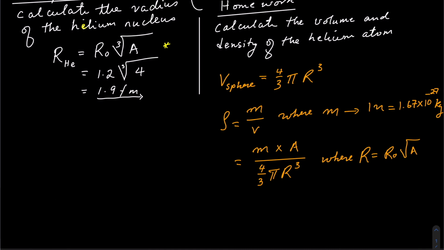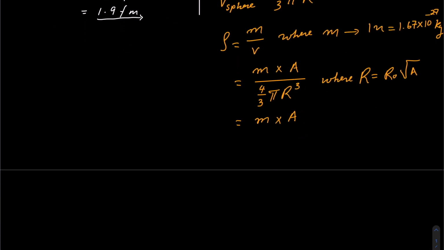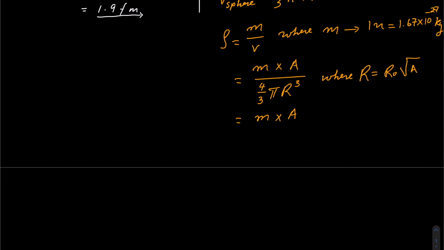So we can substitute that in this equation and we'll realize that it's basically m times A, which is the number of nuclides, divided by 4 over 3 pi, and instead of r cubed, we're just going to use the expanded equation for the radius, which is r naught times A to the power 1 over 3, which is the cube root, then we cube that.